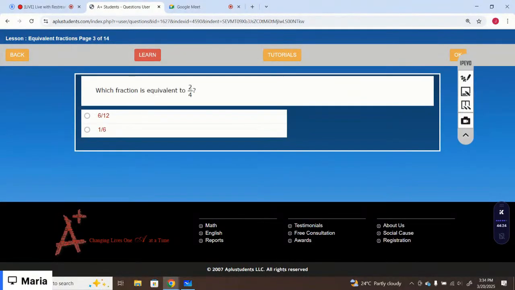Which fraction is equivalent to 2 by 4? That is 6 out of 12. Option number 1 is the correct option.